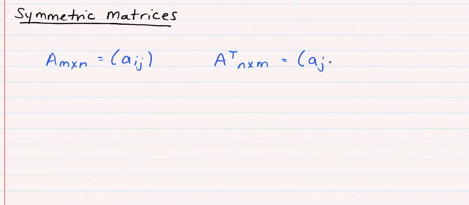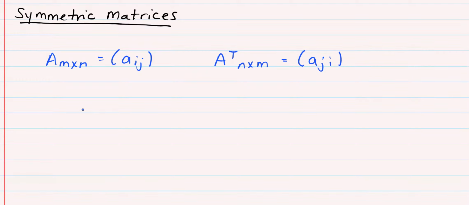In our last video, we defined the transpose of a matrix. We said that if we have a matrix A that's m by n, and we can write it as A sub ij with lowercase a, then the transpose is an n by m matrix where we switch i and j.